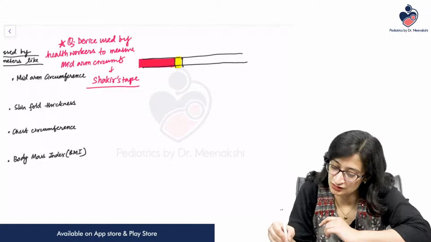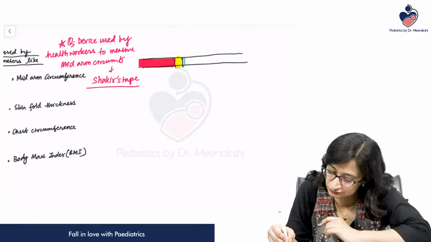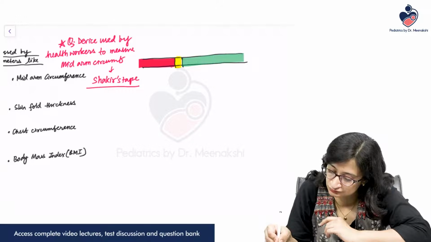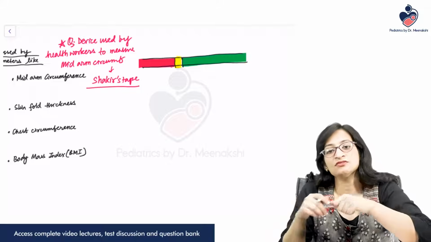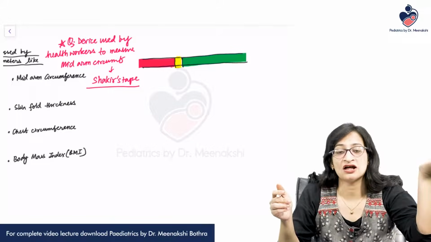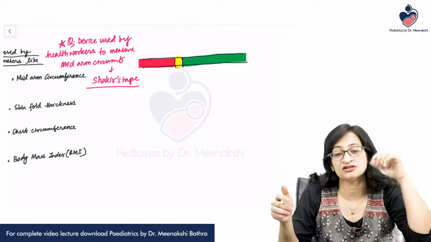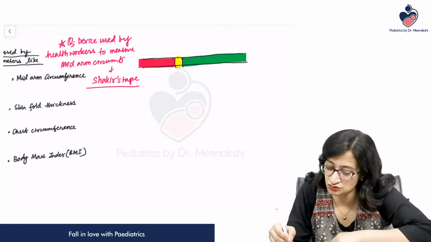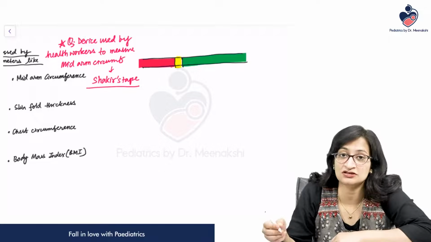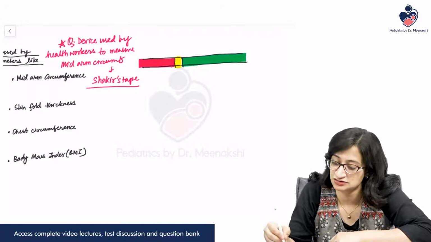Right. So it is a measuring tape like this. So if the mid-arm circumference of the child lies in the red zone, that indicates that the child is malnourished. Okay. If it lies in the yellow zone, it indicates borderline nutritional status, and green means normal nutritional status.